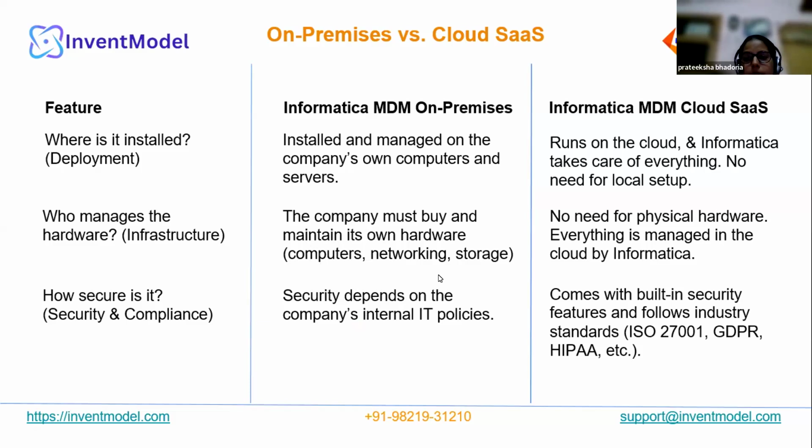However, when we use MDM Cloud SaaS, it is on the cloud. SaaS stands for software as a service. The developer using Informatica Cloud apps doesn't need to have it on their own systems. It is there on the cloud, and the license and everything is taken care of by Informatica. So there is no need for a local setup.